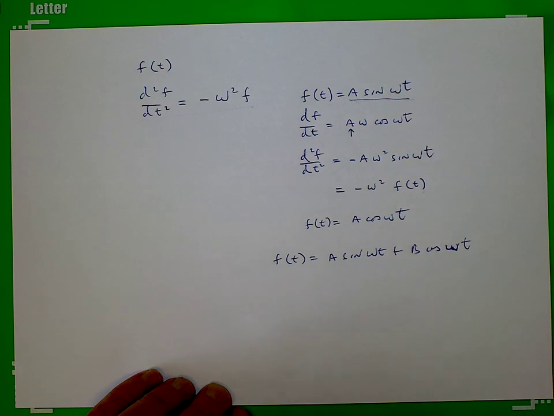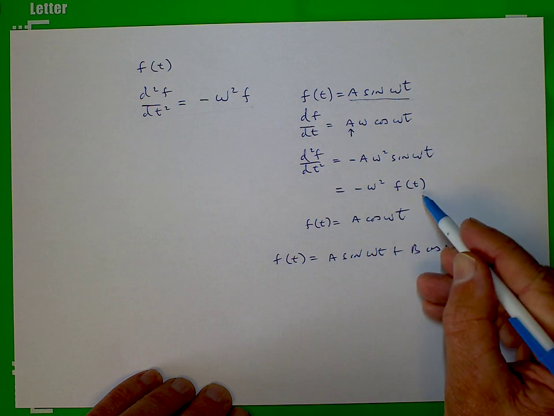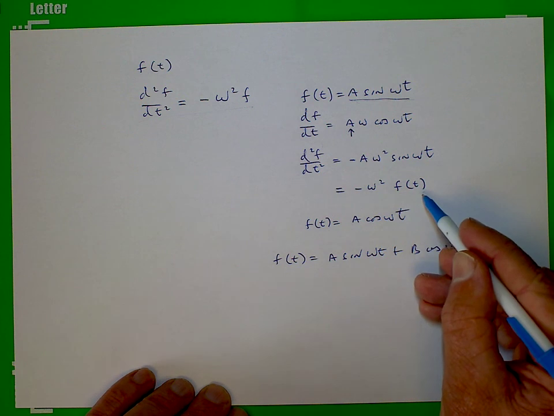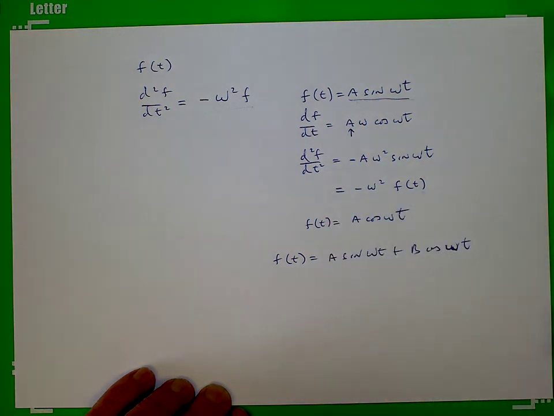In the assignment, the problem is maybe a bit more difficult in that it's rather messy, and so you've got a lot of algebra to do to show that a certain thing is a solution, and it's not quite as straightforward as this. It doesn't come out as easily as this, but it's the same process with a trick or two. Okay, so I will leave that there.